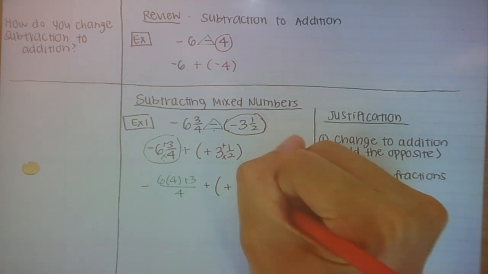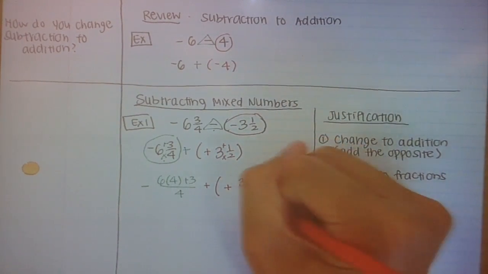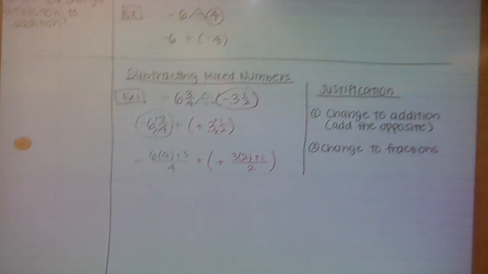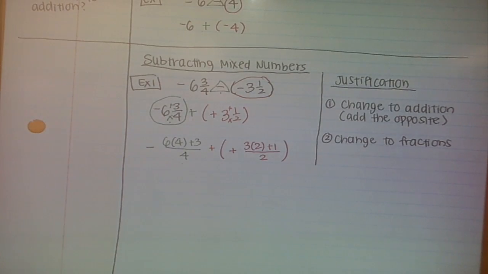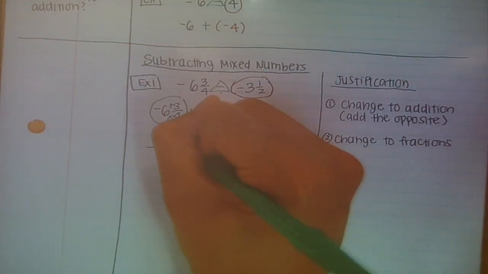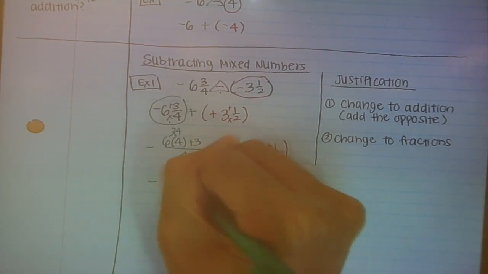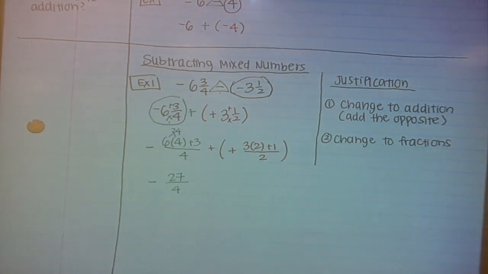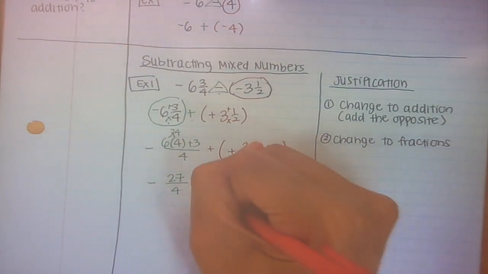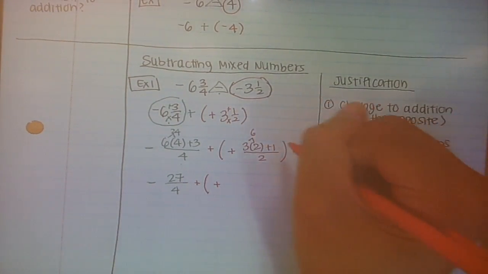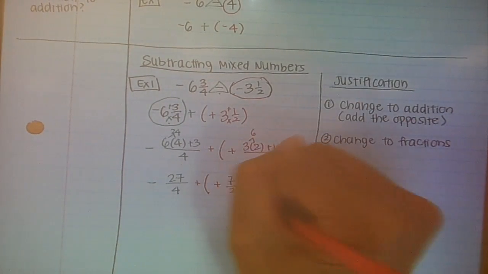I do 3 times 2 plus 1, all over the same denominator of 2. So I get 6 times 4 is 24, plus 3 is 27. It's still negative. Negative 27 over 4, plus positive 3 times 2 is 6, plus 1 is 7. I get positive 7 over 2.